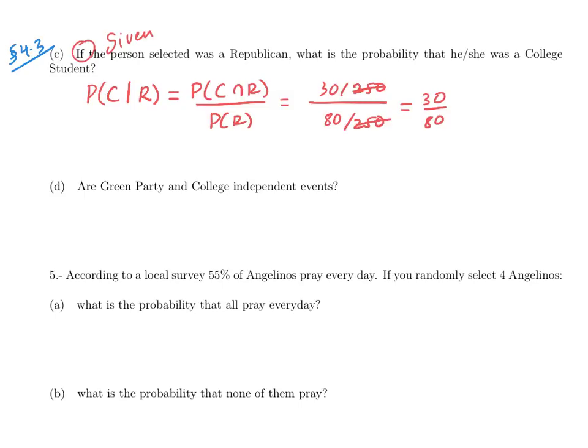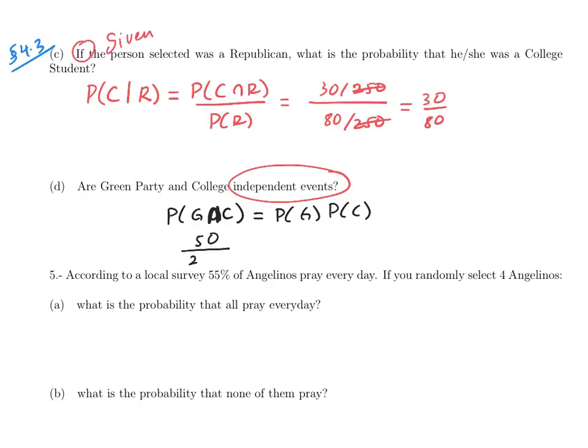Part D is asking you again if they are independent. So remember, when you check if something is independent, all you have to do is this. Is the probability of being from the Green Party and a college student the same thing as being a member of the Green Party times being a college student? This is 50 over 250 from the table.